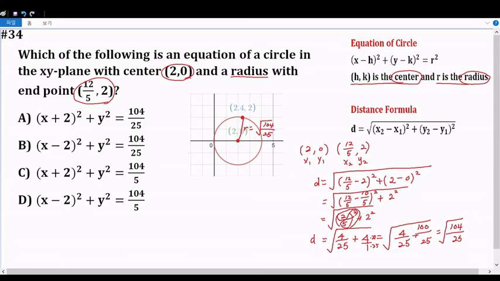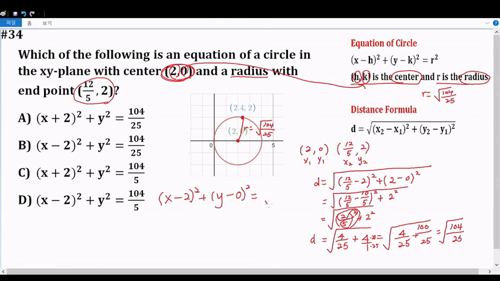Now let's write an equation. Center is 2, 0, so we're going to substitute 2 for h and 0 for k. The radius is equal to square root of 104 over 25. Let's substitute all of that. Then we get x minus h, which is 2, squared plus y minus k, which is 0, so 0 squared, is equal to r squared.